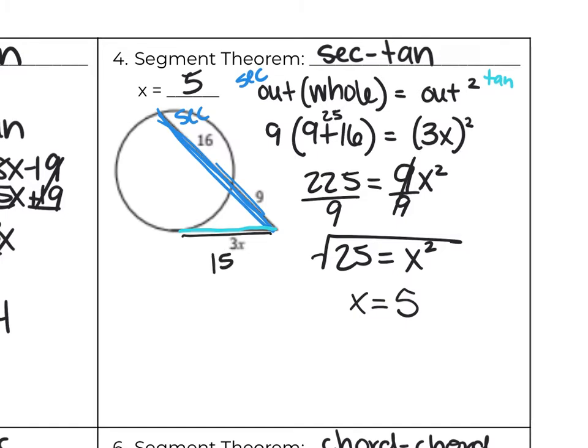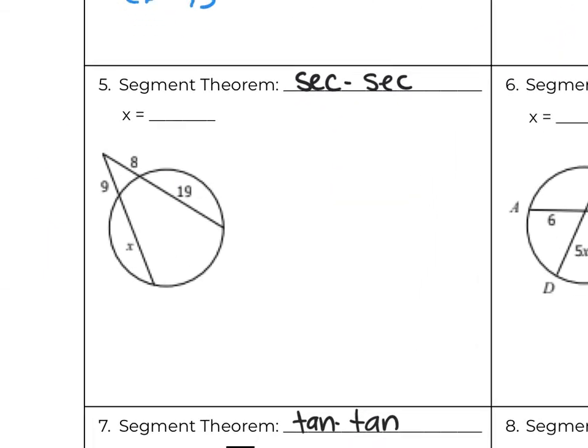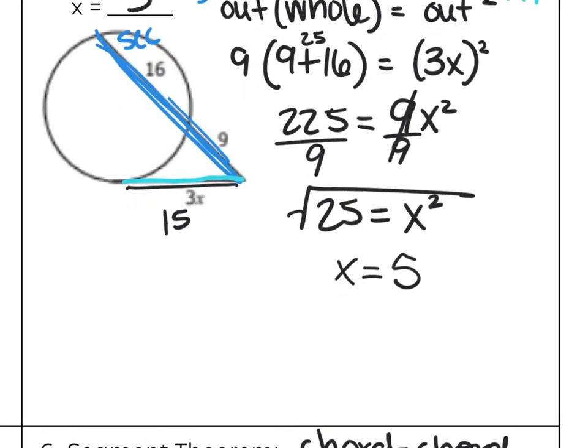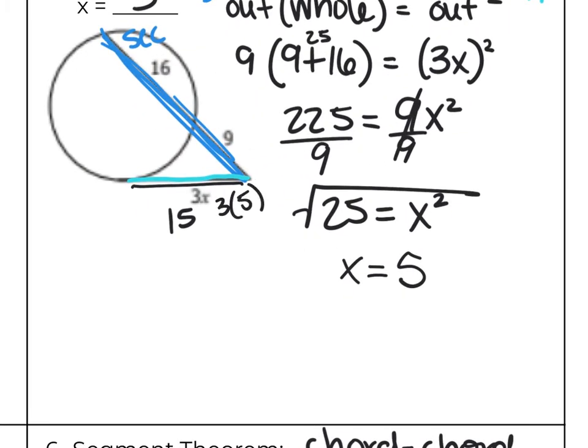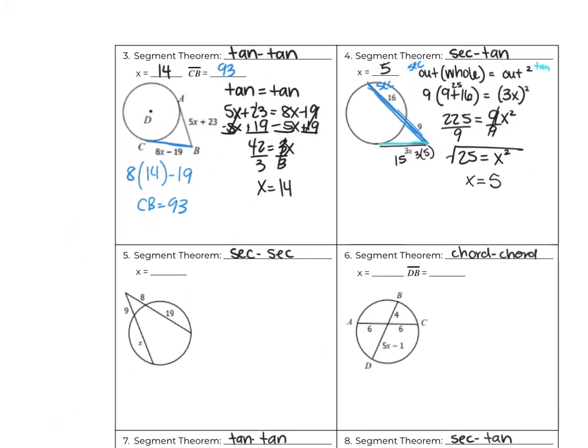Does that look more reasonable to the 9 rather than 75? Maybe? I think 75 looked like it'd be real big. Okay, let's try 5. I plugged 5 into 3. Yeah. It didn't ask for that one. I was just saying if it did, then you just plug it in.